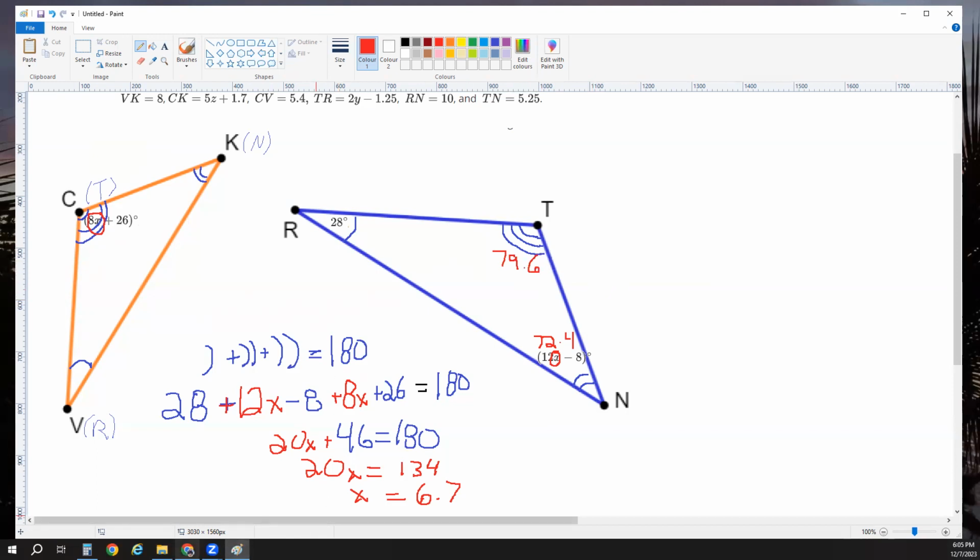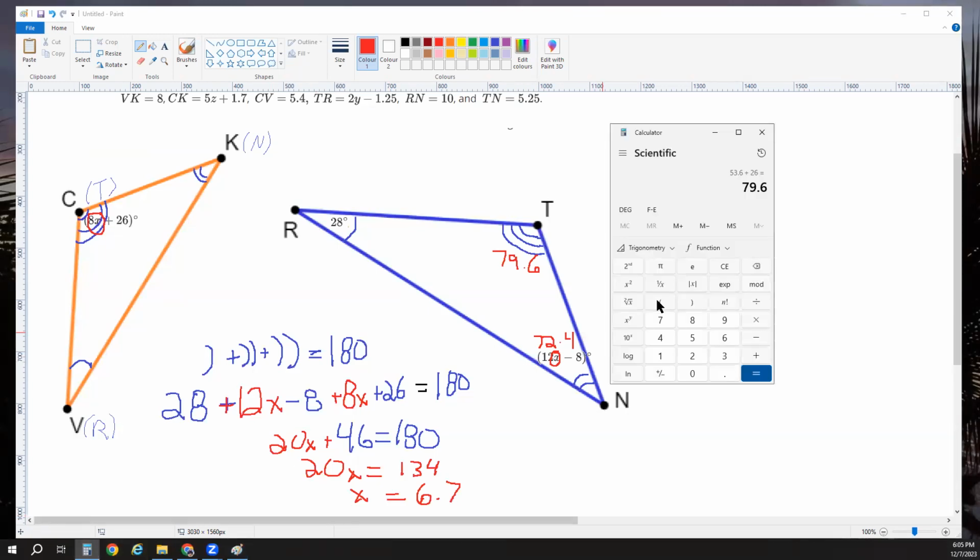So they should all add up. So 72.4 plus 28 equals 180. So all that stuff adds up.